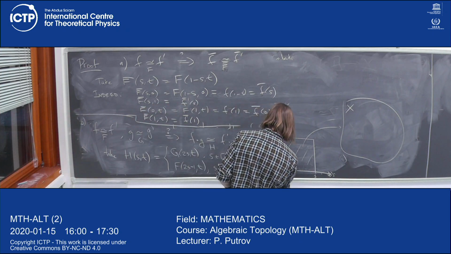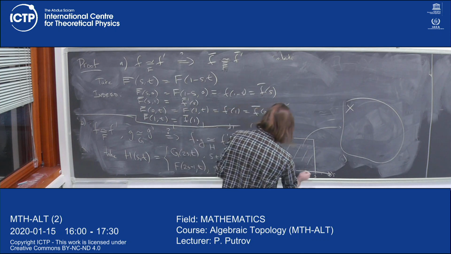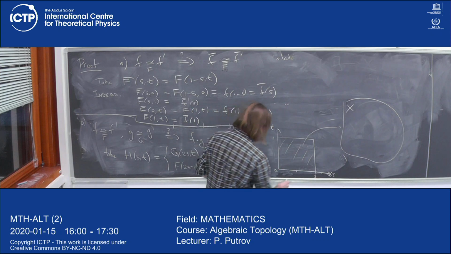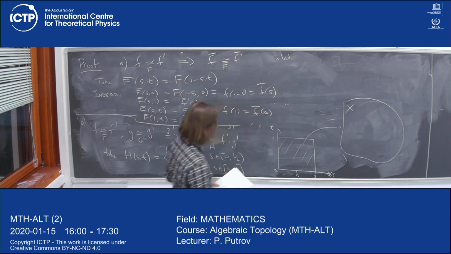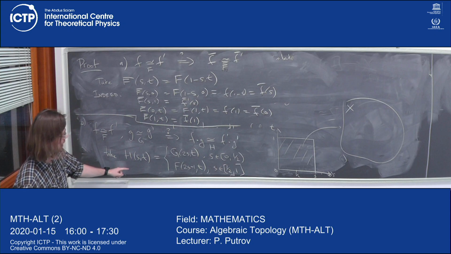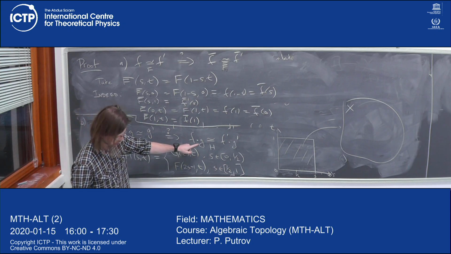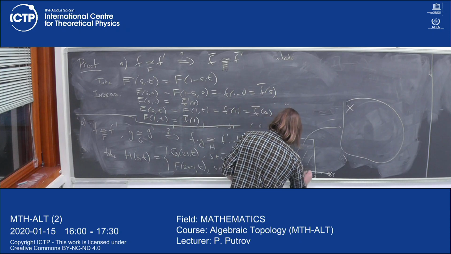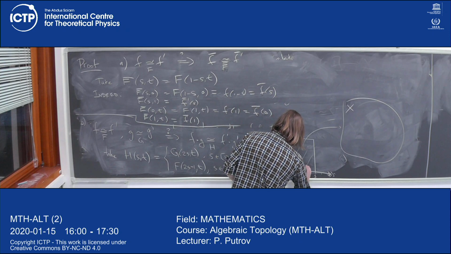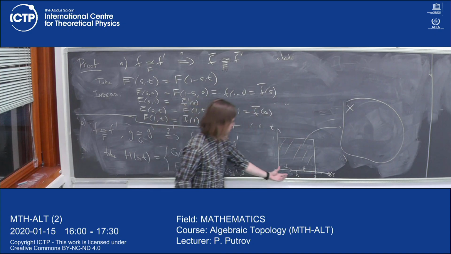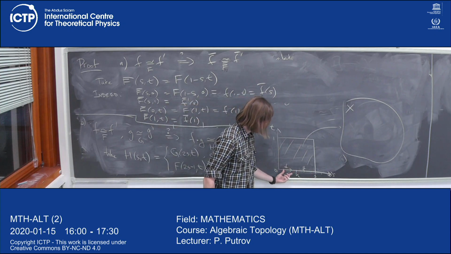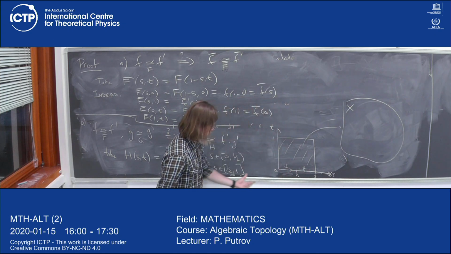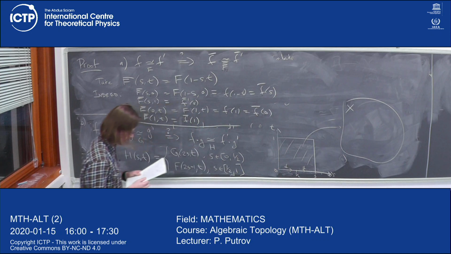First, if you restrict it to the bottom edge, this restriction is given by the composition of functions f and g, and we know that the composition is built by just rescaling the argument by multiplying by 2 and putting these functions together like that.